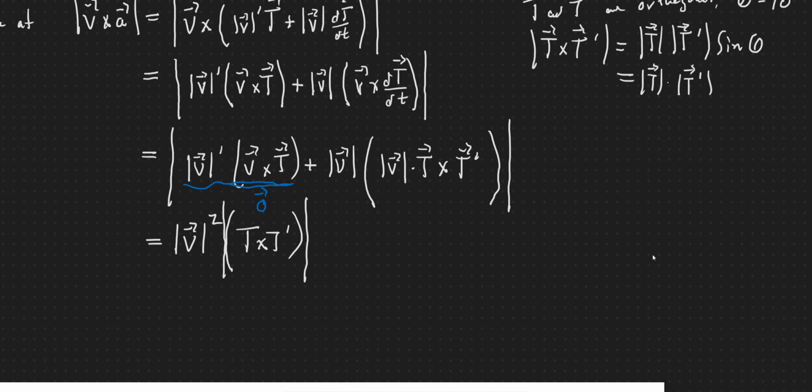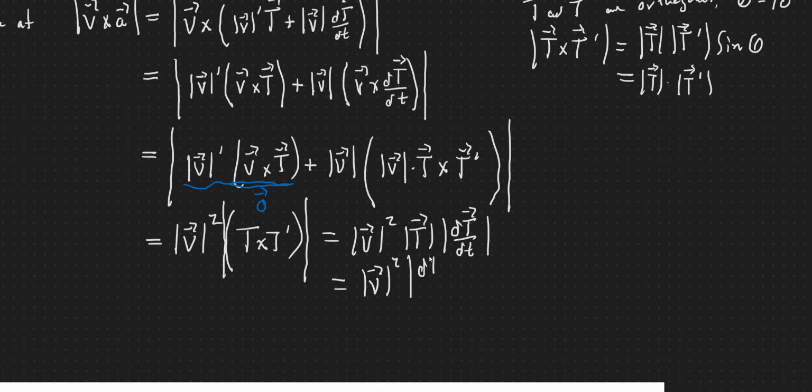So this quantity here, now we have magnitude of v squared times magnitude of T times magnitude of T prime, which now I'm going to write again as dT/dt. So magnitude of T I know is 1. It's the unit tangent vector, so that's 1. So here I get magnitude of v squared times magnitude of dT/dt.